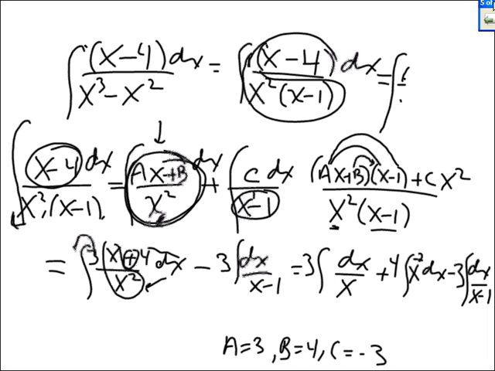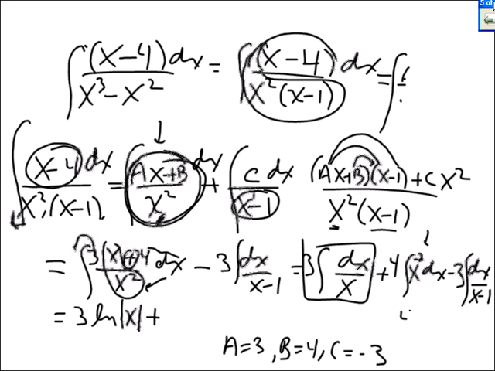Most of these integrals are pretty standard, if not all of them. This one is dx over x, 3 times that. That's 3 ln of absolute value of x, plus, now, this one, I make the power 1 more, and I divide by that number. 4 over negative 1 is not plus, but rather minus 4.